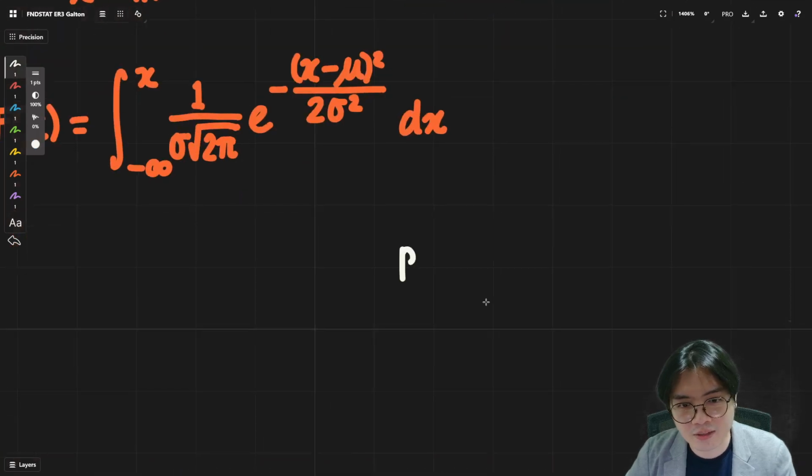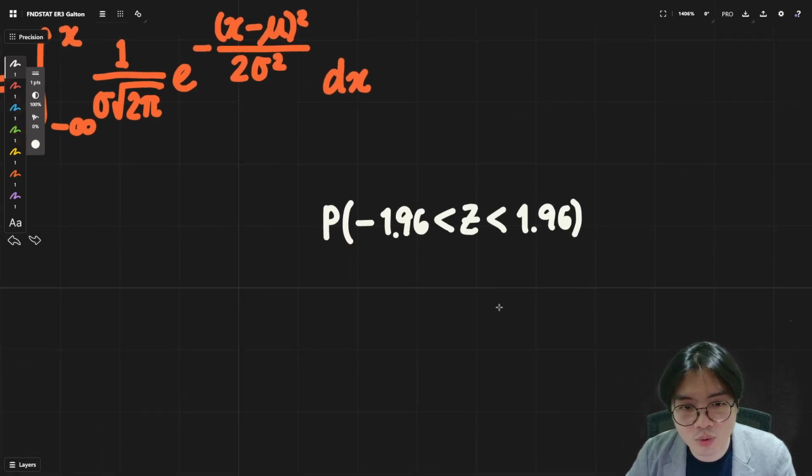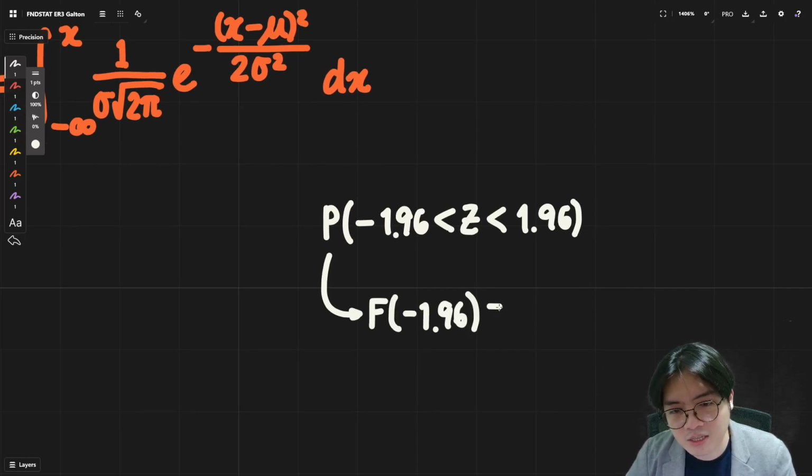What do we mean? The probability that z is between negative 1.96 and 1.96. The only thing that you need to know is that f of negative 1.96 is 0.0250.